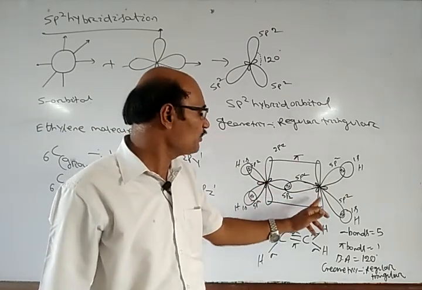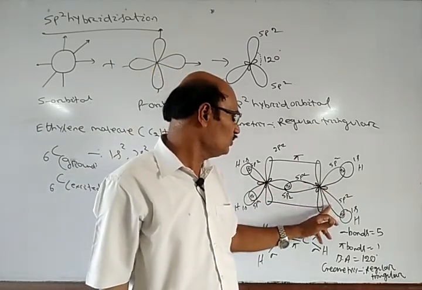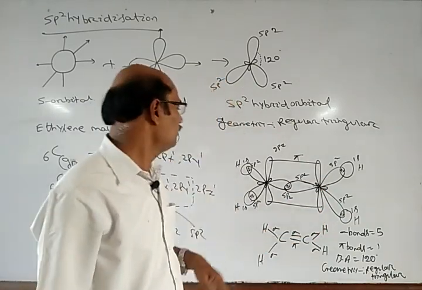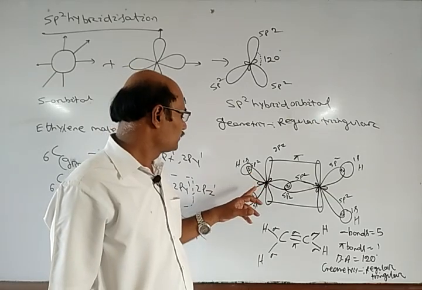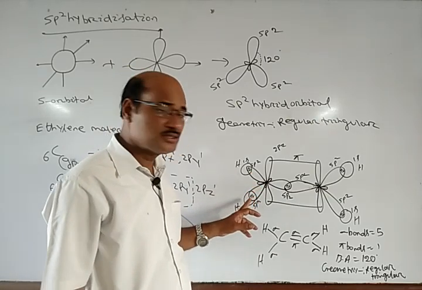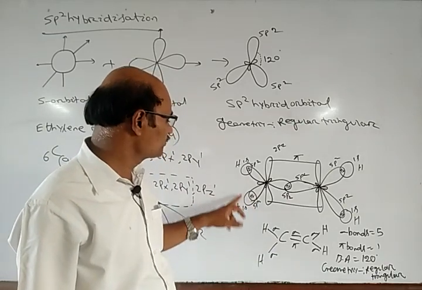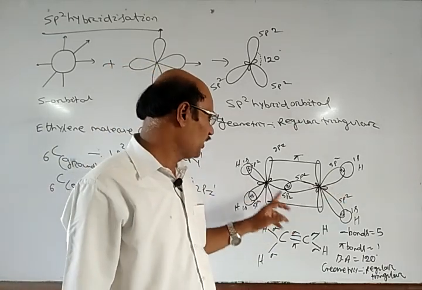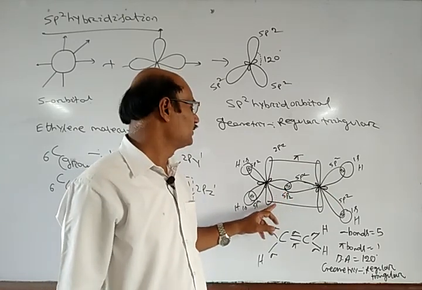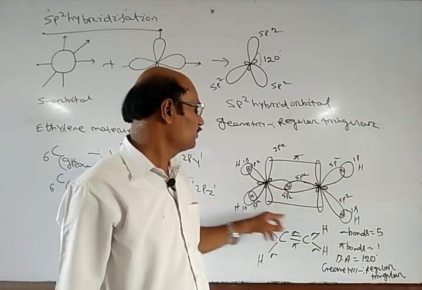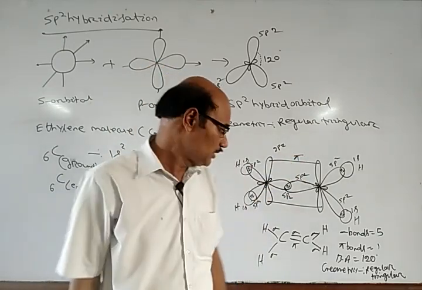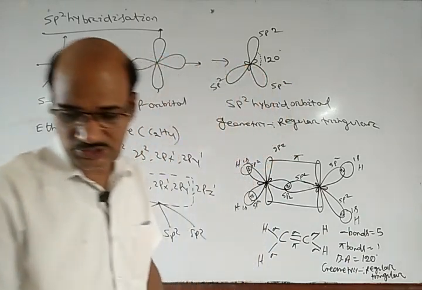Similarly, another carbon has 1, 2, 3 sp2 and 1 unhybridized 2pz. Now, these sp2 hybrid orbitals form sigma bonds with the 1s of hydrogen atoms, 1, 2, 3, 4, and 1 sp2-sp2 sigma bond. And the remaining 2pz orbitals form what? A pi bond. As a result, the molecule C2H4 is formed. Okay. Next.